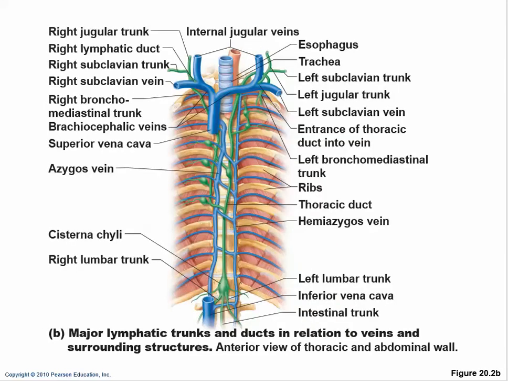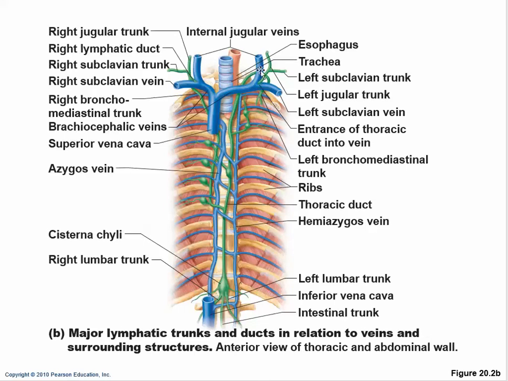Now, this all ends up kind of with the azygos system and the hemiazygos, but it ends up running up along the spine here, the thoracic duct, and then curves around and enters the vein right where the brachiocephalic vein starts, where the subclavian and the jugular join.